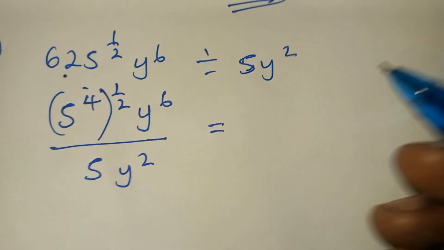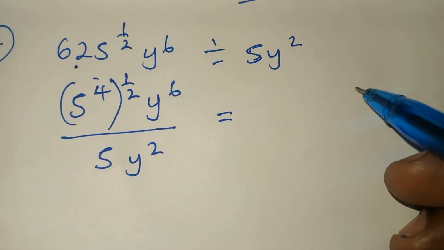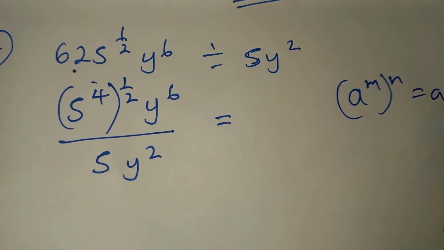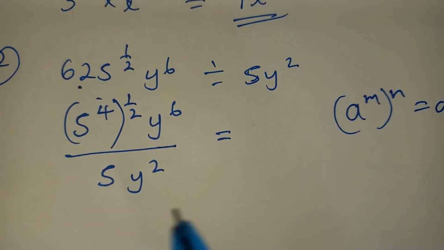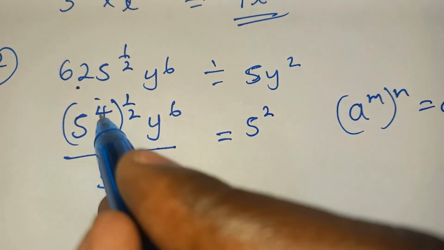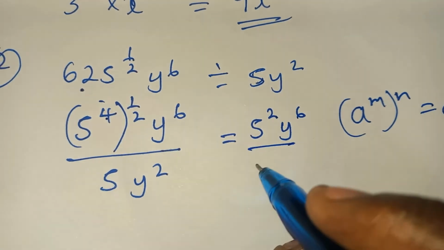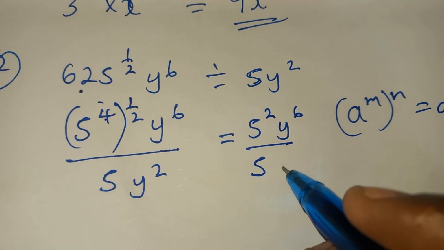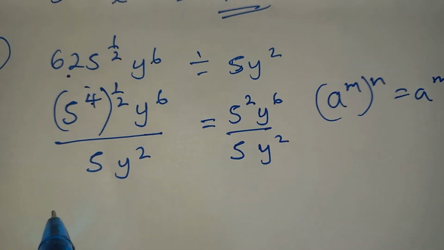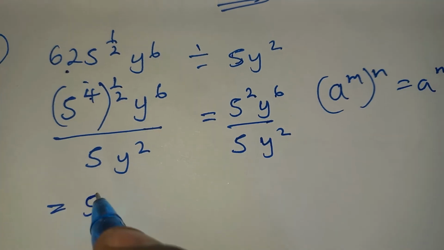Now this simplifies, using the power rule that says (a^m)^n is a^(mn), to 5 squared by multiplying 4 by a half, and then we have y^6 over 5y^2. Now this can be rewritten as 5 squared.